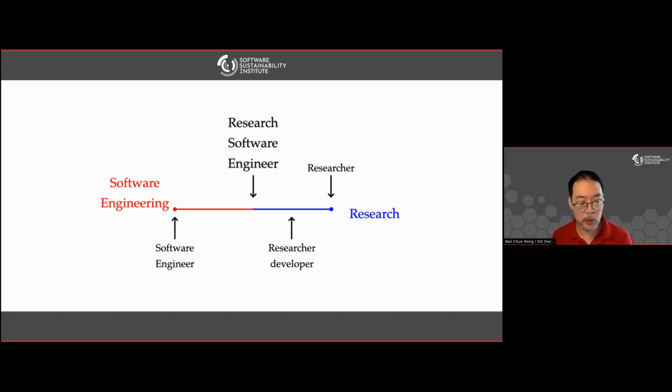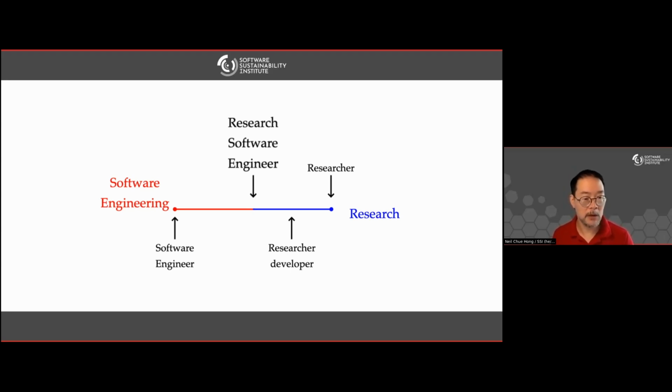So they were probably a little bit closer to the research side of the spectrum. And there were people who called themselves software engineers, but didn't really involve themselves in doing any research. So here was this thing called the research software engineer that sat in between software engineering and research, and had an equal foot in both camps.